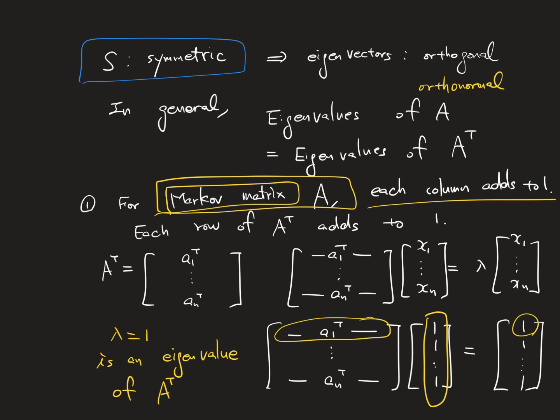But we already know that the eigenvalues of A equal the eigenvalues of A transpose. So lambda equal to 1 is always an eigenvalue for a Markov matrix.